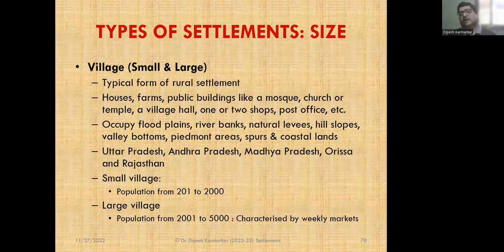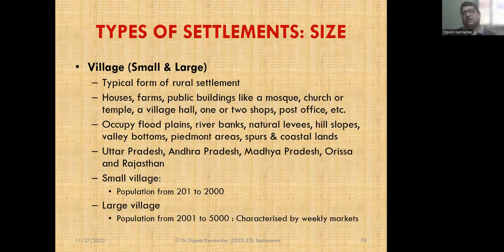It does contain a large number of houses, farms, and also public buildings such as a religious center, a religious monument such as a mosque or a church or a temple, or a village hall, or it may have more than one shop. A post office, most probably villages will have.